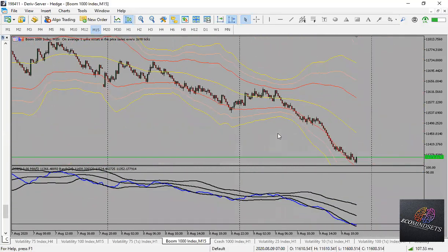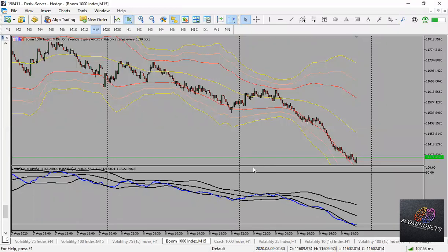All right, now that we have finished setting our indicator, we are now going to look at how you use these indicators to analyze the market and also milk the market in star.